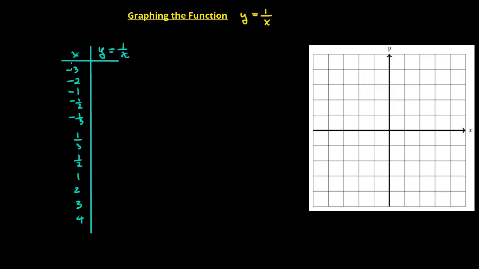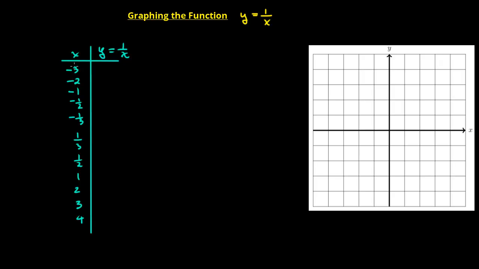So although these are integer values for x, we get fractional values for y. If I want to get an integer value for y, I can do that by dividing by something like -1/2. If I divide 1 by -1/2, that's the same as 1 times -2, because remember that division by a fraction is the same thing as multiplication by the reciprocal, and the reciprocal of -1/2 is just -2. So let's go ahead and fill out this table of values.